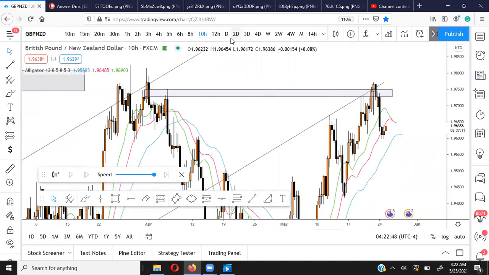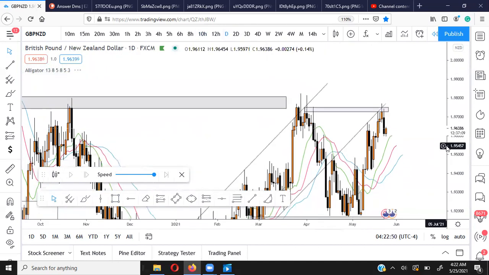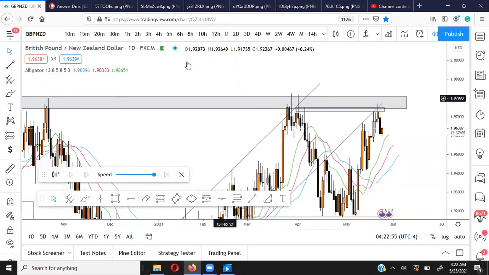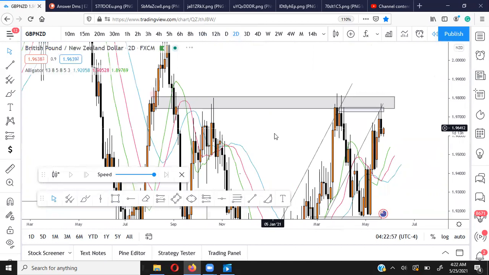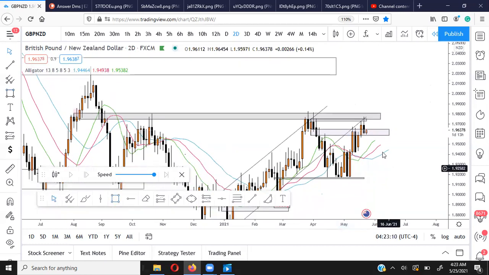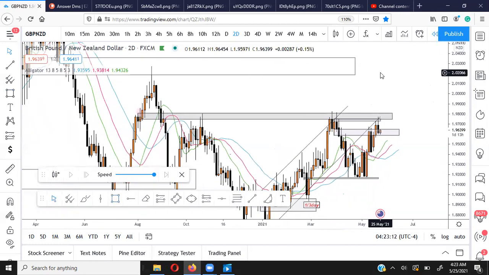But overall, my biggest thing here is if you have the major zone right here, and then you start looking for a break and retest, which is right here. So this is your buy zone. You're gonna use this break and retest for your buy, right? Right here to continue, okay?